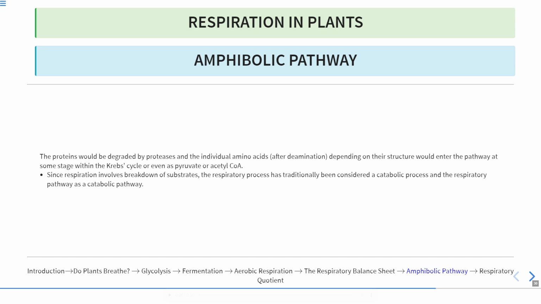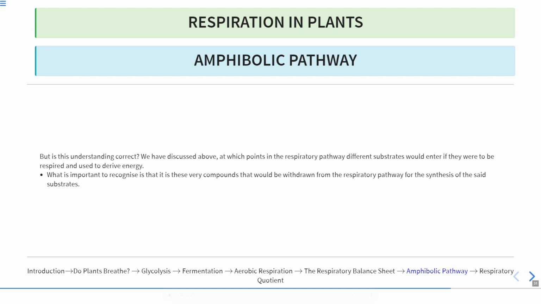Deamination of amino acids, and it is converted to pyruvic acid. Depending on their structure, they would enter the pathway at the pyruvate or acetyl coenzyme A stage, or within the Krebs cycle. So since respiration involves breakdown of substrate, the respiratory process has traditionally been considered a catabolic process, and the respiratory pathway a catabolic pathway.